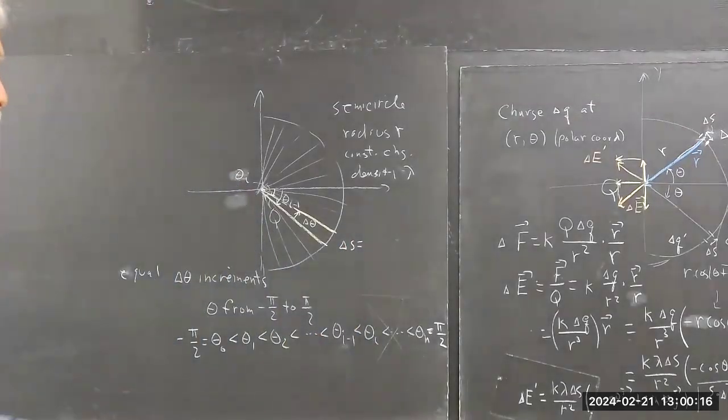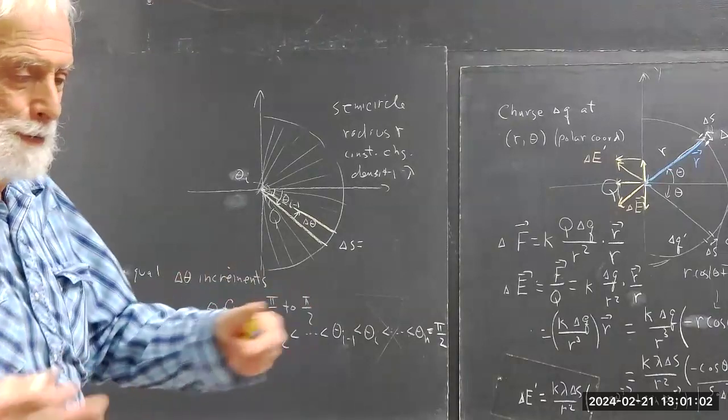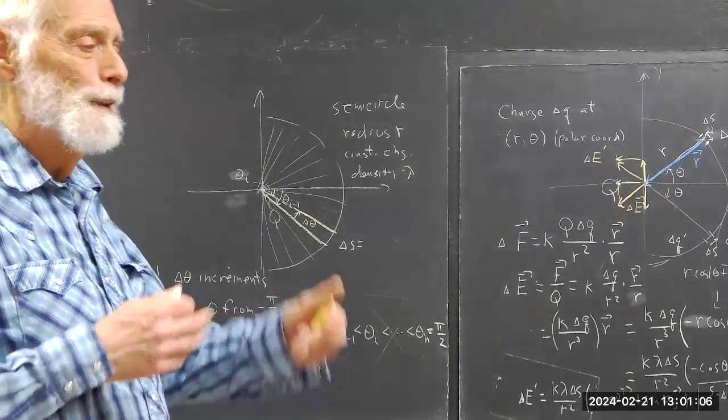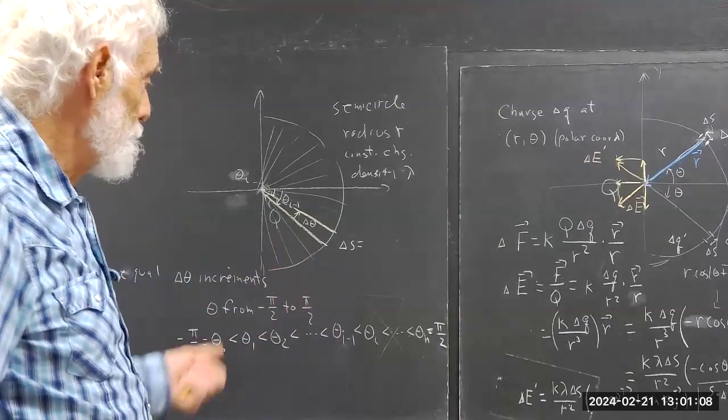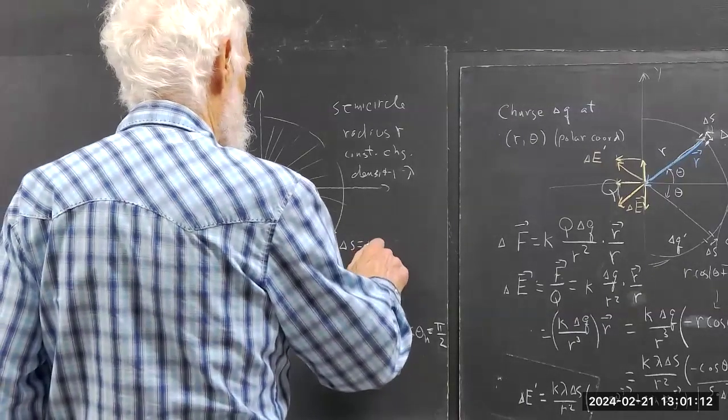And what is delta S in terms of the symbols we have on the board? We got several partial responses to that until, by just asking a couple of leading questions, we pretty quickly got to delta S is R delta theta.